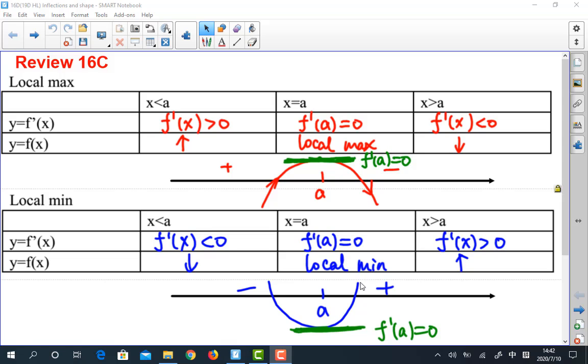Then increasing, so the first derivative should be greater than 0. So from decreasing to increasing, x equals a is the local minimum point. At this point, we still should have f prime a equals 0. This is the second type of stationary points.